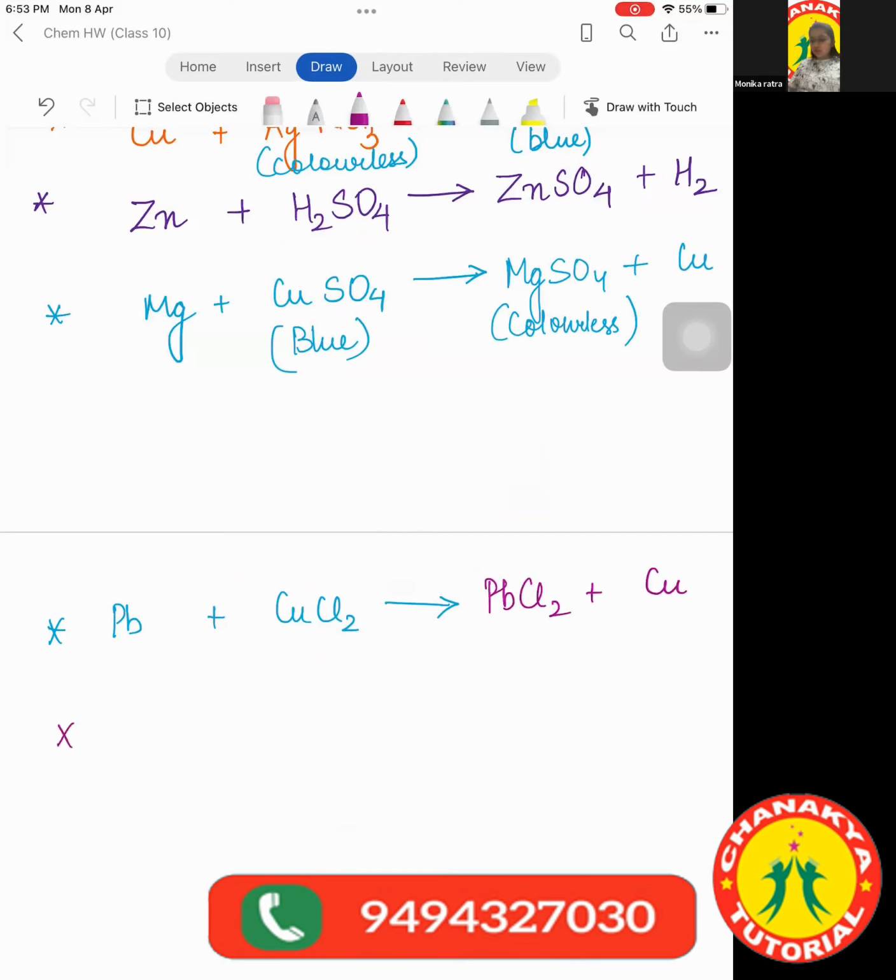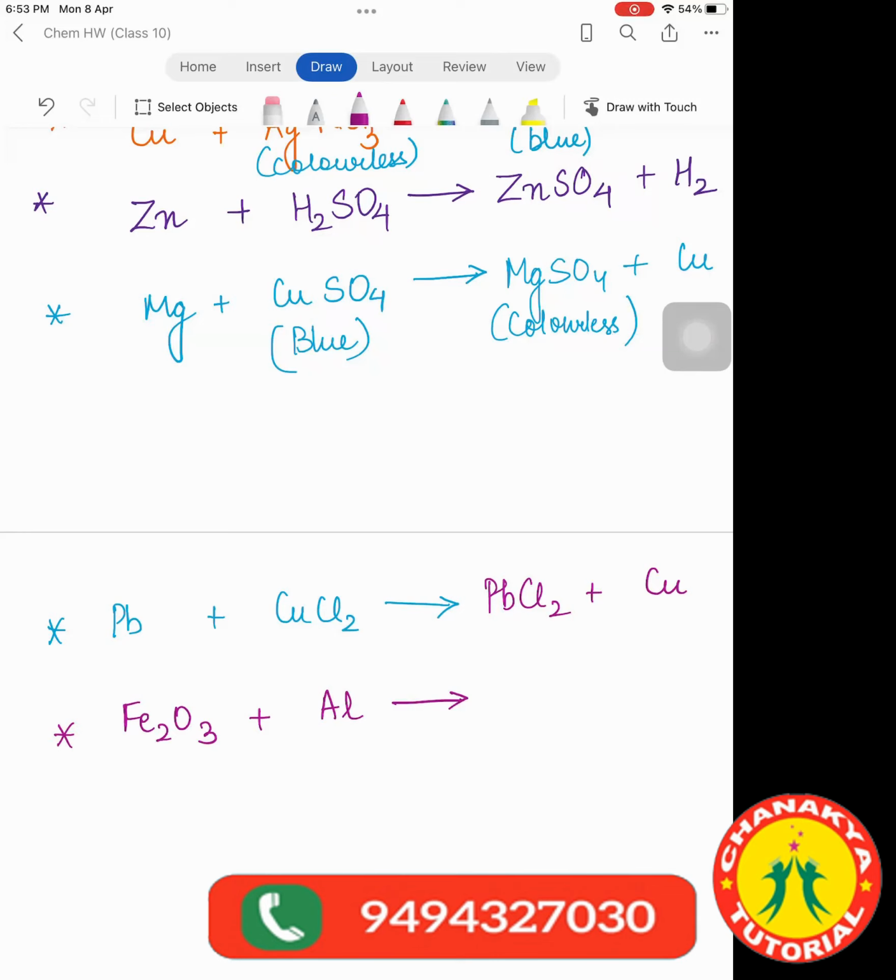Next question after Subhansh. Siddhishri, will you be able to unmute yourself? Sudhamshu. Yes. So tell me, will this reaction occur or not? Fe2O3 plus Al. Will this reaction take place or not? Yes.